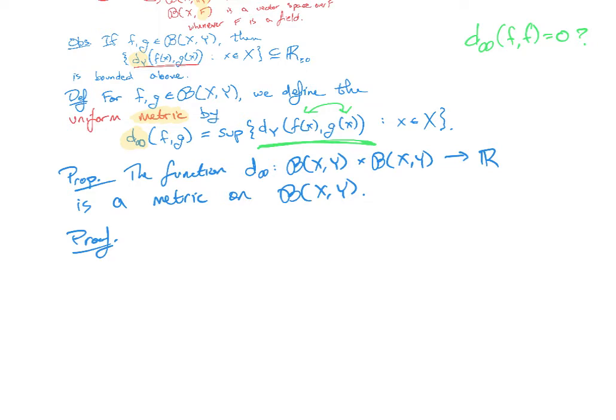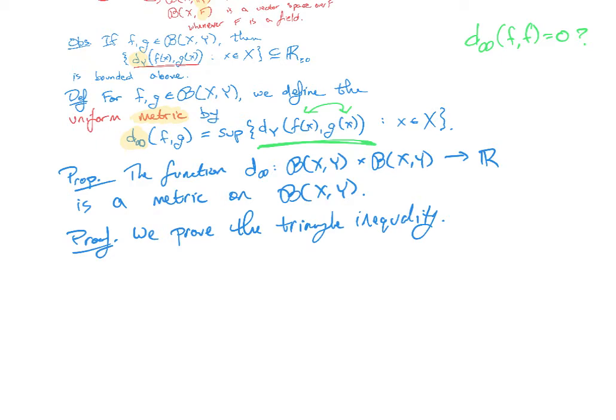Okay, so everything's clear except for maybe the triangle inequality. Let's prove the triangle inequality. We've already just kind of verified the others. If you want to write down a proof, that's fine. You can do that on your own.